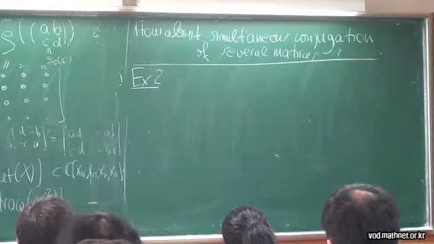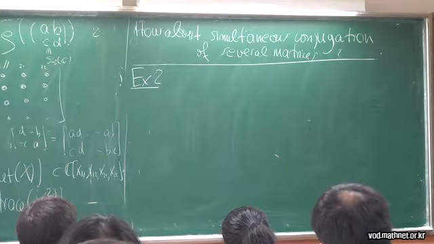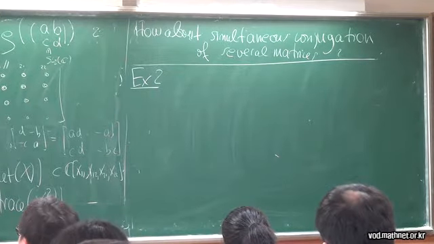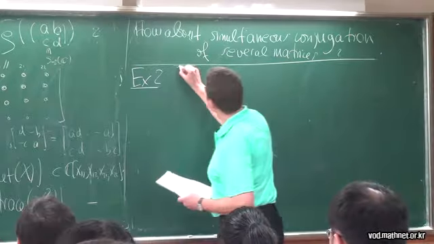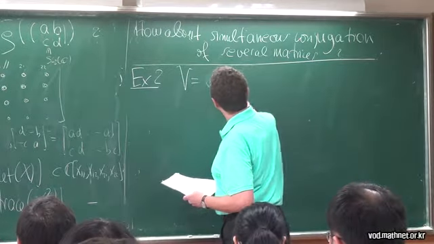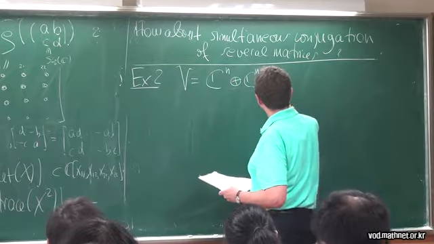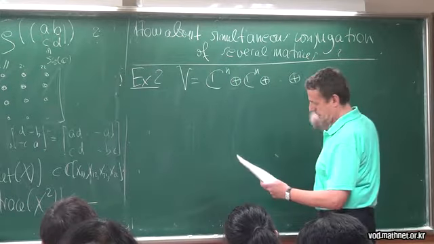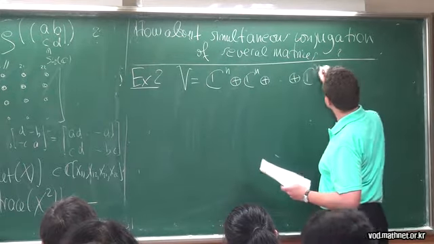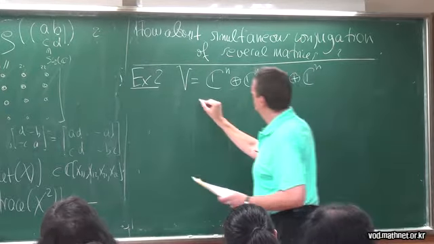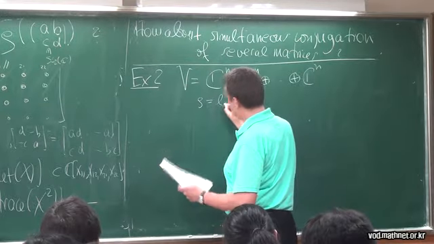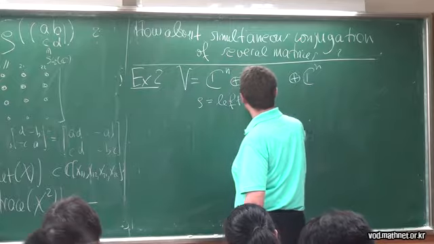Let's see how the Grassmannian comes out of these invariants. Let's take V to be Cn direct sum Cn, and so on, direct sum Cn, and rho is the action by left multiplication.